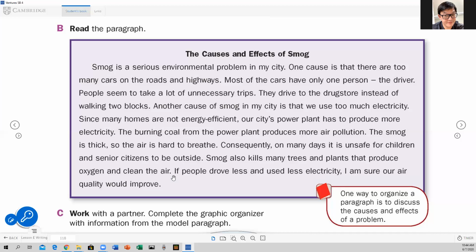Okay, so let's read one more time, and now you're going to repeat after me. The causes and effects of smog. Smog is a serious environmental problem in my city. One cause is that there are too many cars on the roads and highways.